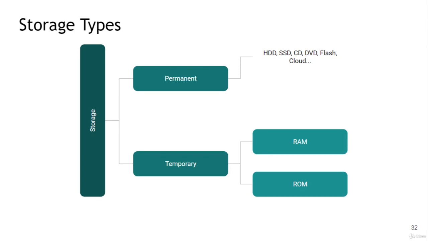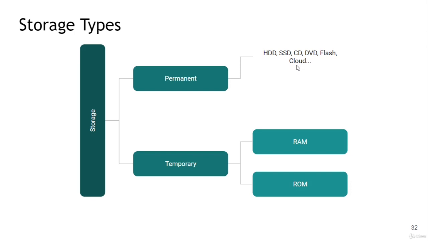You don't lose it, even if your electricity breaks or your computer destroys its CPU. It's still there. It's like your long-term memory, for example HDD, hard disk drive, SSD, CD, DVD, flash, and cloud. They are all permanent storage.